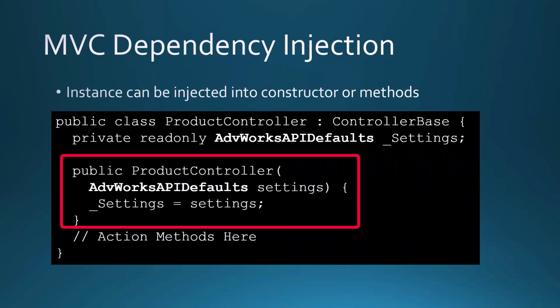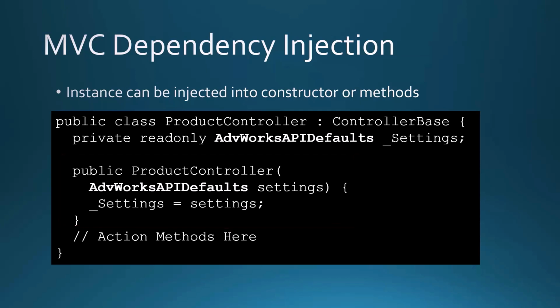In this case, on our ProductController, we have a constructor that we pass the AdventureWorks API defaults. Now, we're not creating an instance of this class. ASP.NET is. So ASP.NET looks at this first parameter and says, is that in my services collection? And it says it is, so it injects an instance for us. Now, don't worry, we've got a whole section just on dependency injection, and we're going to look at this in much more detail then.